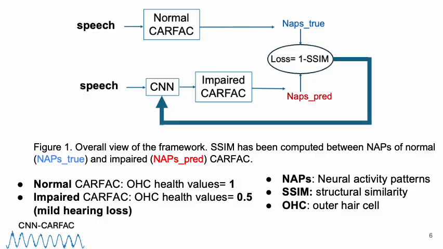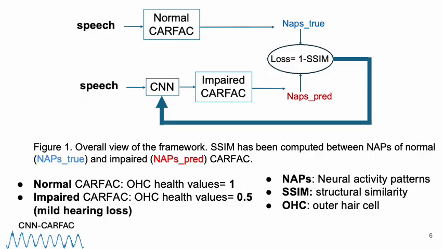And the main purpose of this framework is to train the CNN in a way that makes the output of the impaired CARFAC as similar as possible to the output of the normal CARFAC. And the outputs of the CARFAC are in fact in terms of neural activity patterns, or NAPs.